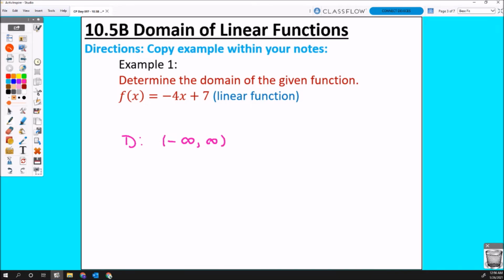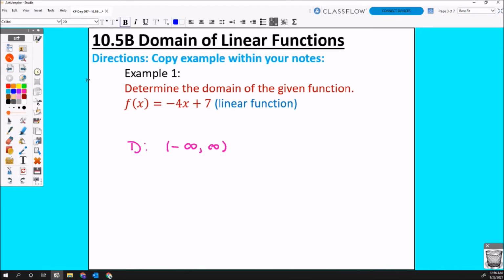Now this is interval notation. So let me input this here. Now the next one is the inequality notation. So inequality uses the inequality sign.